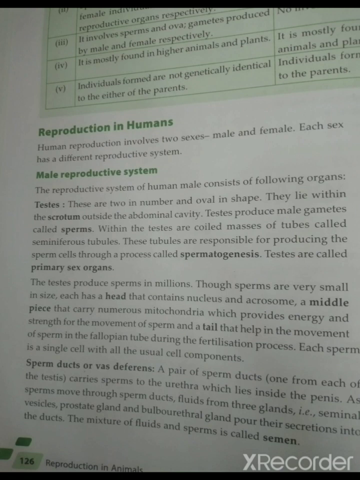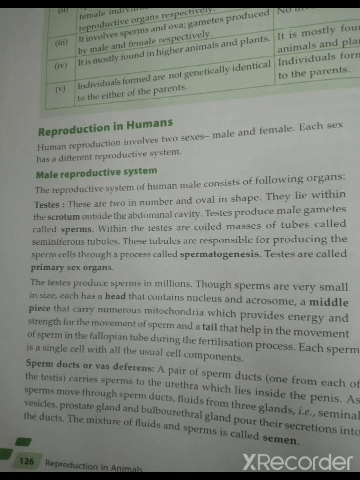It needs to move to the fallopian tube in the female reproductive organ. Each sperm is a single cell with all the usual cell components. I think so far it is clear.